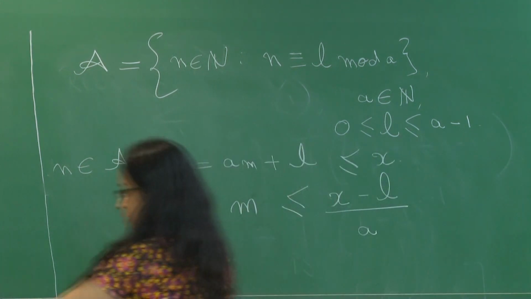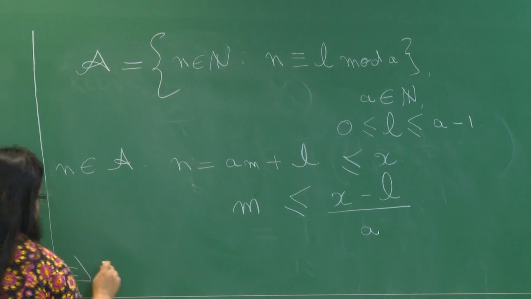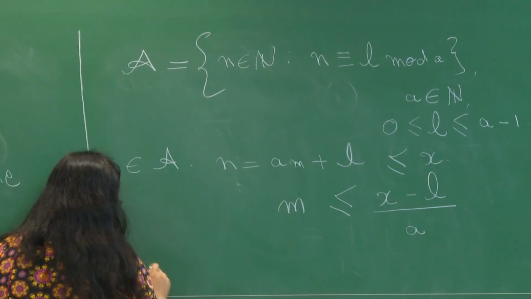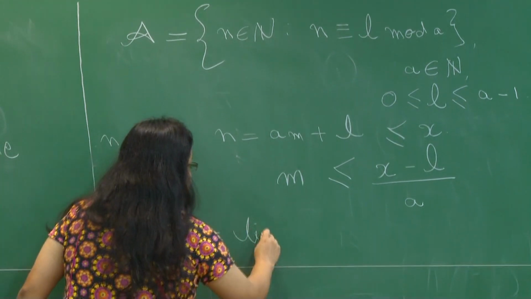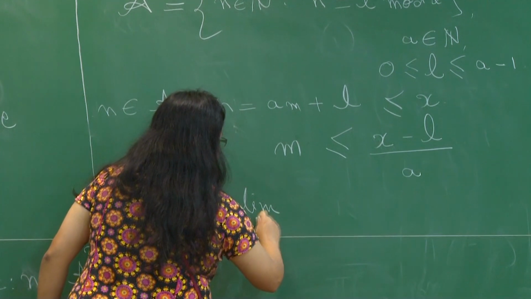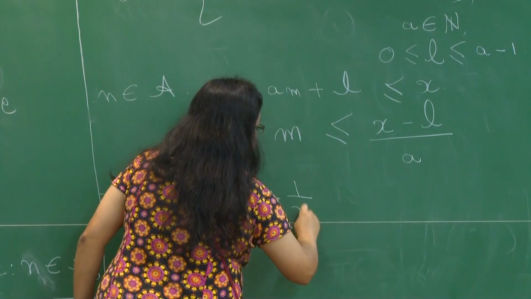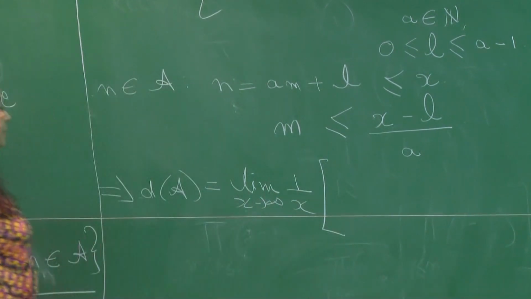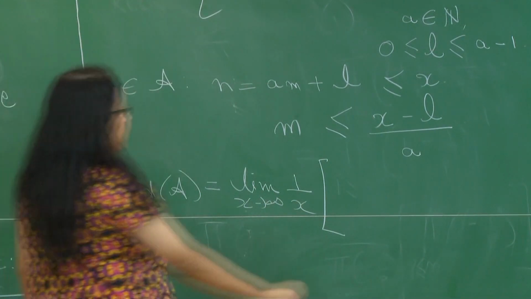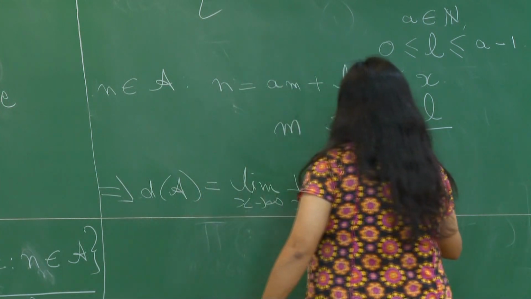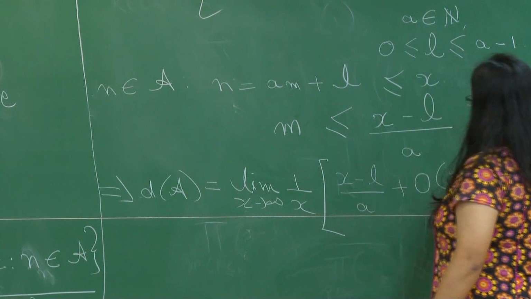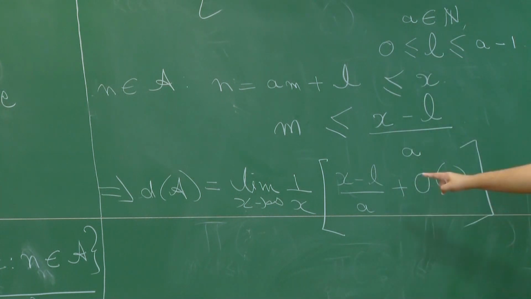Therefore, what this means is that d of A is just the limit as x goes to infinity of 1 over x times (x minus L by A plus O of 1). What is this limit?